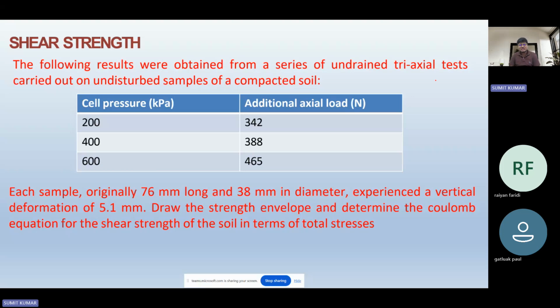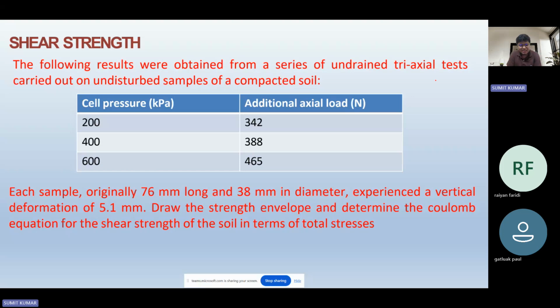Each sample, originally 76 mm long and 38 mm in diameter, experiences a vertical deflection of 5.1 mm. If you remember, A corrected equals A original, that is pi by 4 d square, pi by 4 into 38 square, divided by 1 minus delta L by L, 1 minus 5.1 by 76. Something like that must be done to find the exact value of the axial stress, because over here the sigma 3 value is known, but the additional axial stress, sigma d, is not known to us, and that is what we are interested in.